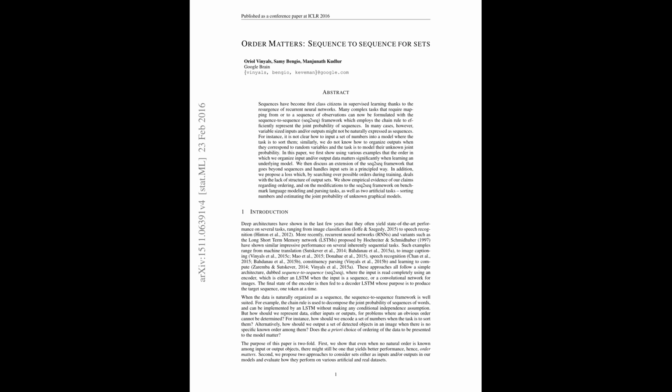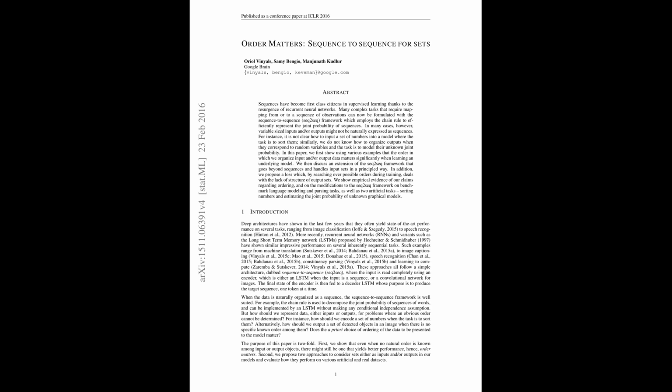The magic comes from the chain rule of probability, which lets you decompose the joint probability of a whole sequence into a product of conditional probabilities at each step, without having to make any independence assumptions. This works beautifully for machine translation, image captioning, parsing, speech recognition, and more.